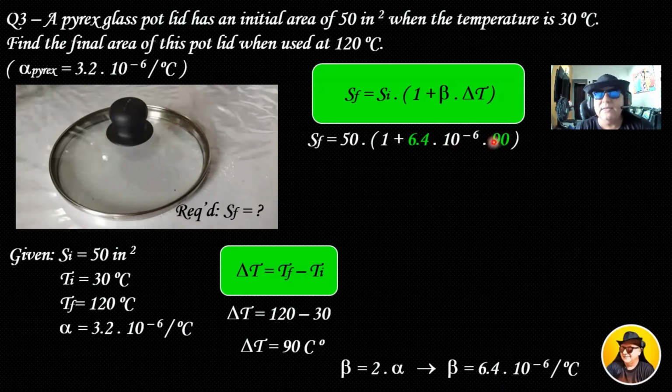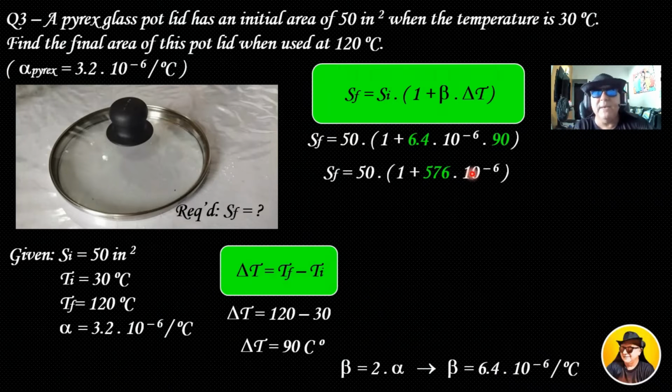Can you realize that 6.4 and 90, I wrote them in green? Because I'm going to operate only them right now. 6.4 times 90 is 576. Now 576 is going to be multiplied by 10 to minus 6.